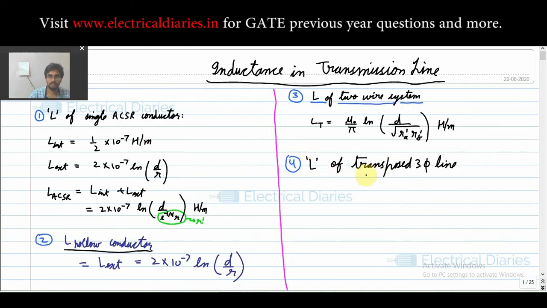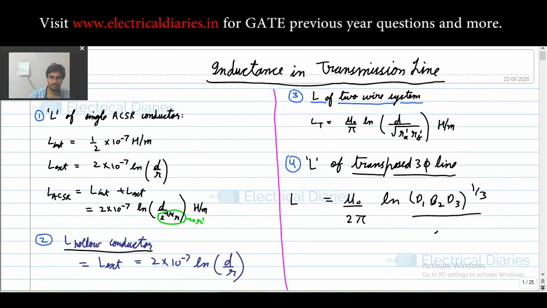The inductance of the transposed three-phase line, that you should remember, is L given by mu naught by 2 pi ln of d1 d2 d3 to the power 1 by 3 divided by r dash.